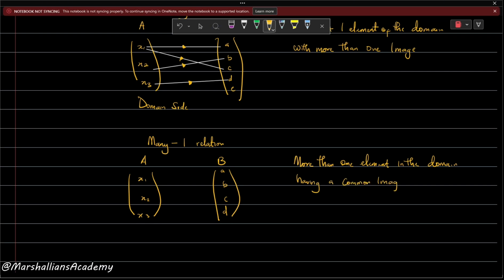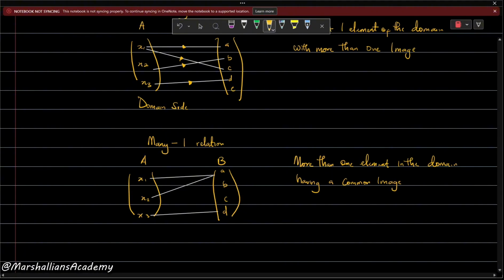You can say if there is one image with more than one pre-image, it's still the same thing we're talking about. Or you can say more than one element in the domain having one common image. Let's try and draw the map for this. Now, if you look at the map, this is different from the one-to-many relationship.